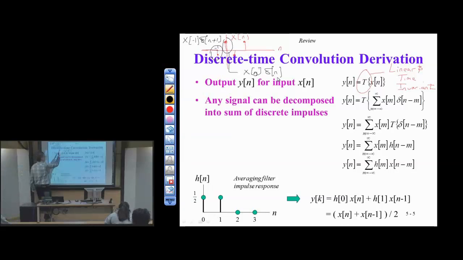So I take finally, we'll just do one more, x of 1 times discrete time impulse delayed by 1 sample. So now I can write x of n as really just a weighted sum, a weighted combination of all these discrete time impulses.